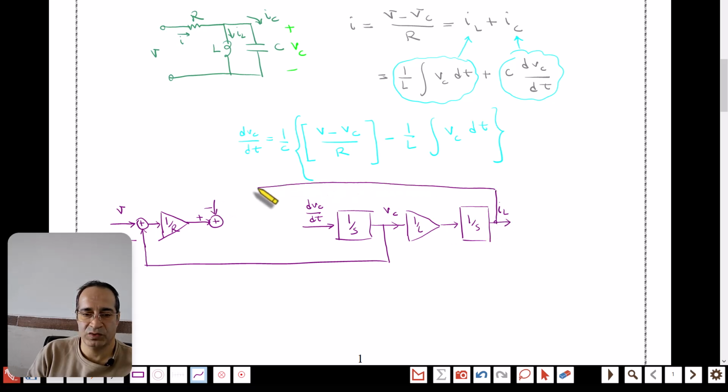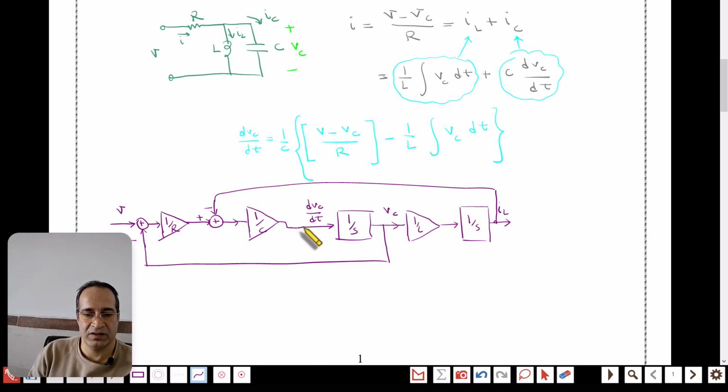It goes back to the inputs part. And now this is all the terms inside. It needs to get divided by 1 over C, again 1 over C. And this is dVC over dt.